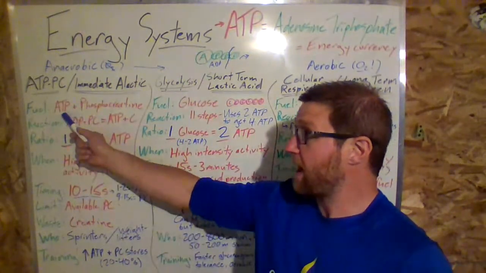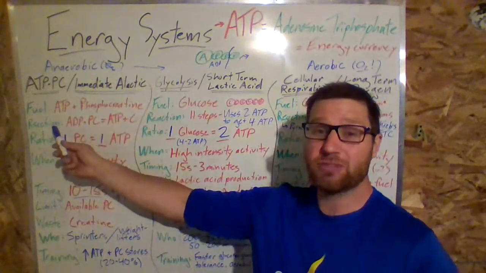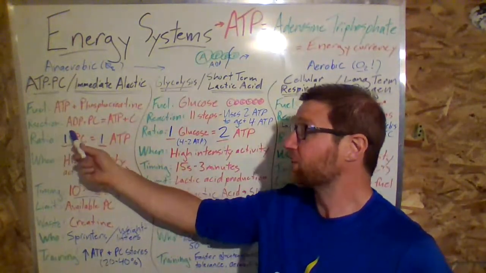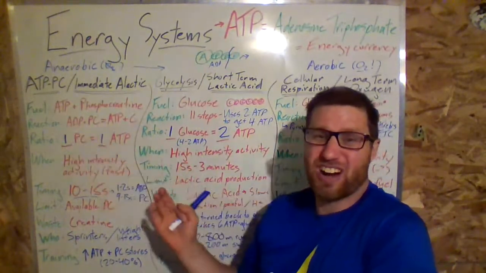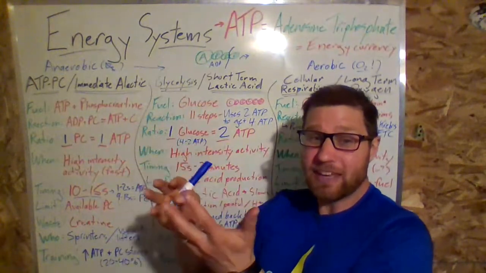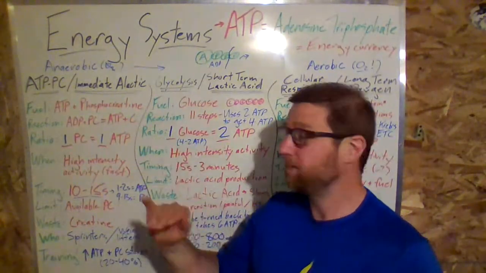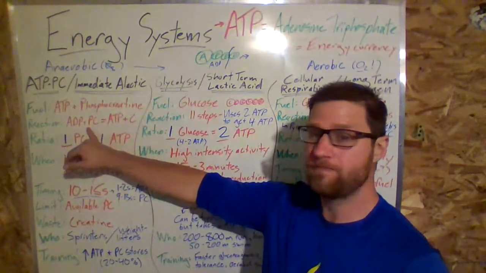So I have ATP and creatine phosphate in those fast twitch molecules. What happens with this system, the reaction that occurs, is I've got ADP left over, right? I'm trying to recombine a phosphate to ADP to make ATP. And so here's my phosphocreatine right here.